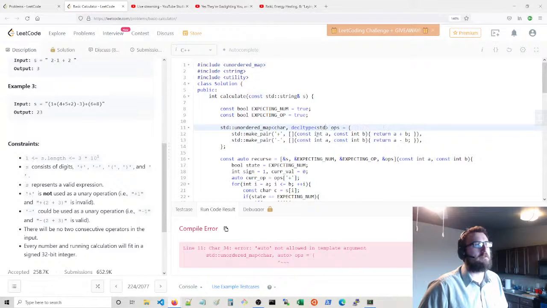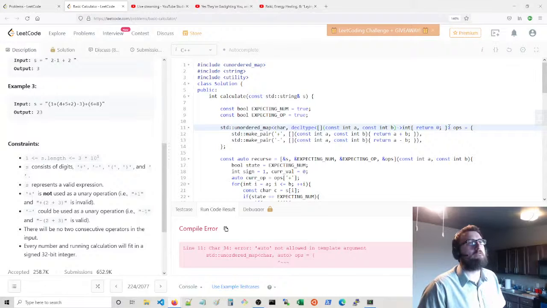We can construct a lambda. It's fine. You could try this.